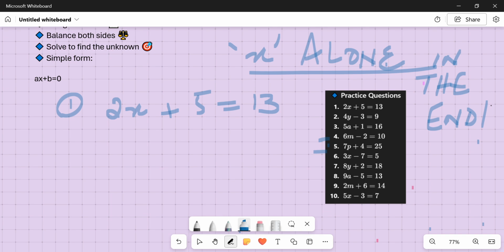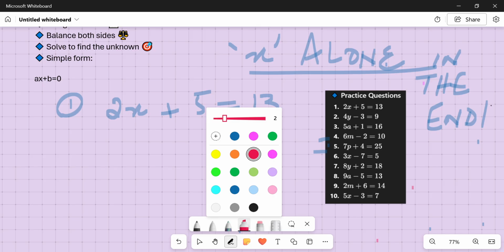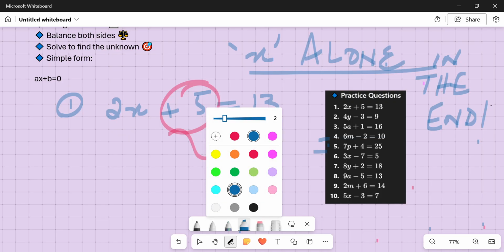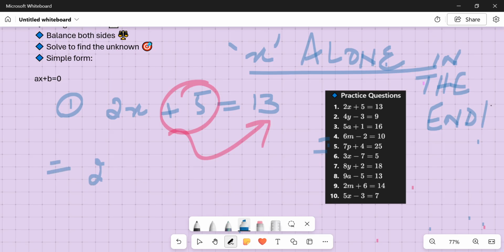So how are you going to solve this? This plus 5 shifts from LHS to RHS. 2x, this plus 5 will shift over there. It becomes 13 minus 5. Now solve them. 2x equals 13 minus 5, which gives you 8.